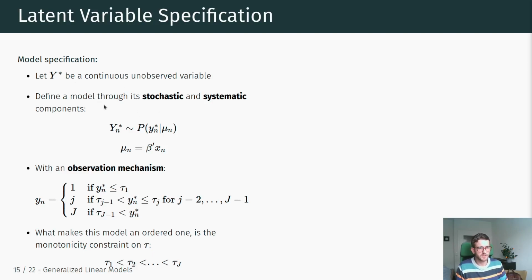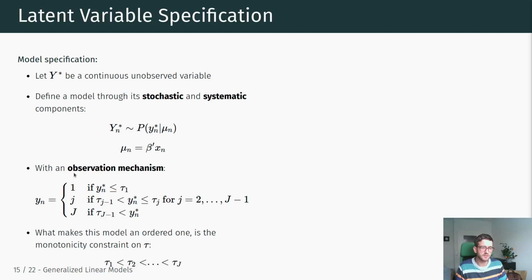Then we can define our model through its stochastic and systematic component. We have our y star that follows some probability distribution conditional on its mean, and we model this mean based on our linear predictor beta prime x_n. This is equivalent to the latent variable specification for the logistic regression that we talked about.